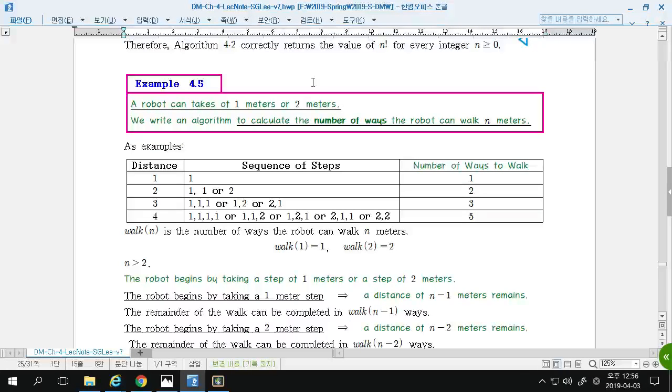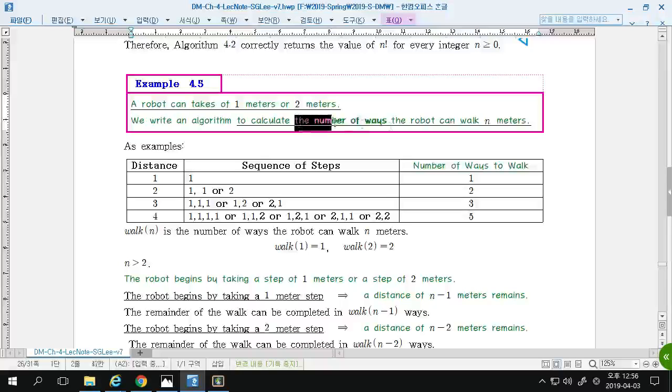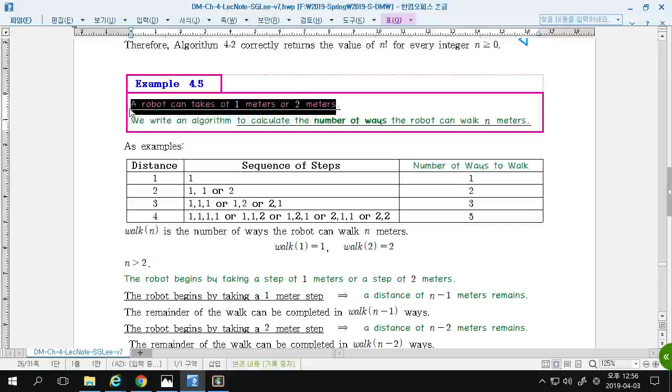A robot can take 1 meter or 2 meters, and we write an algorithm to calculate the number of ways the robot can walk n meters. Find the number of ways that a robot can reach n meters if the robot can only move 1 meter or 2 meters at a time.